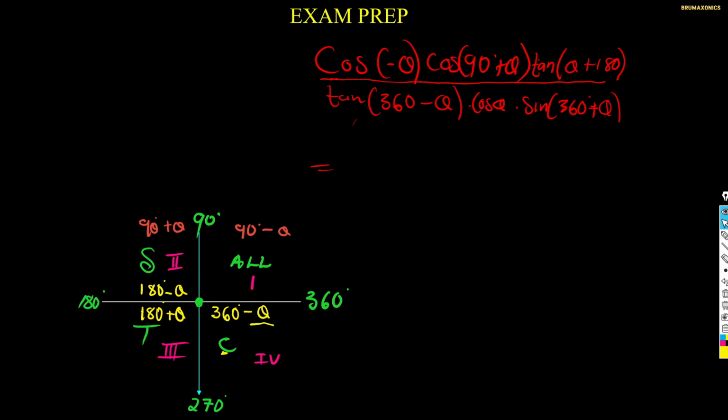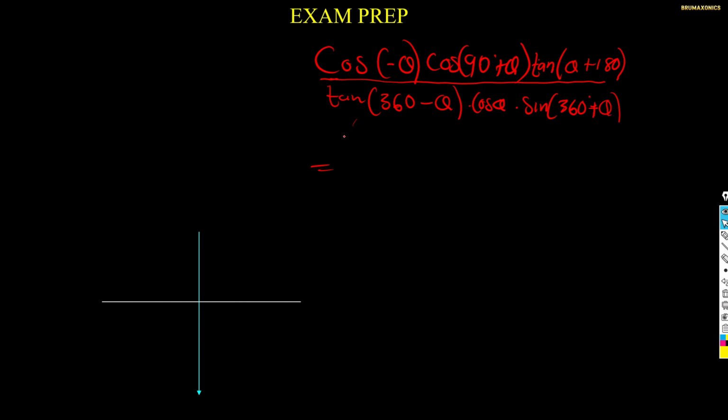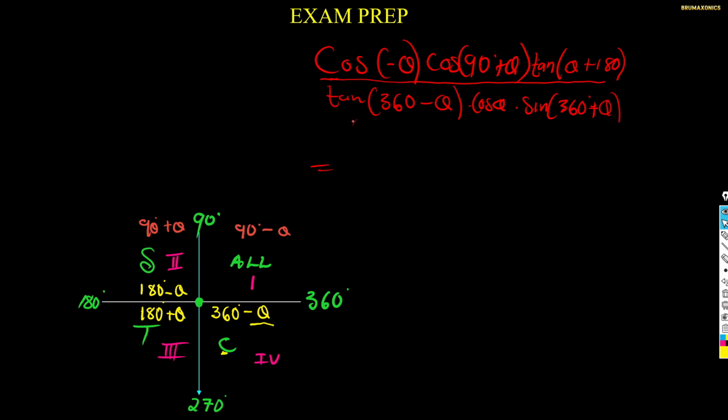So I've already written the question down. This is actually the simplest question, right? Maybe they can give you like 5 marks for it. However, I just want to show you how quickly you can approach it. So let's start with cos negative theta, which lies in this area, which means it's positive.